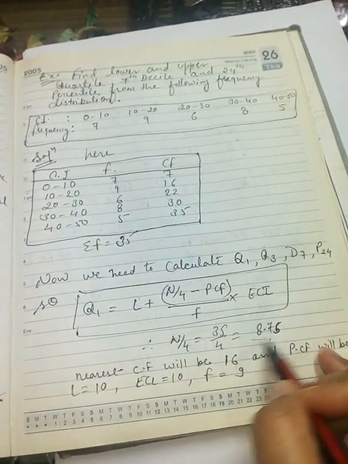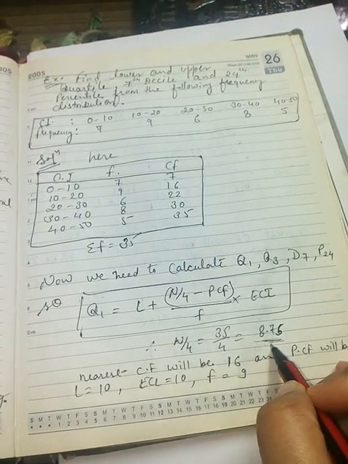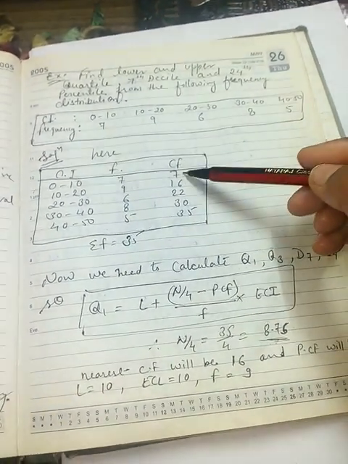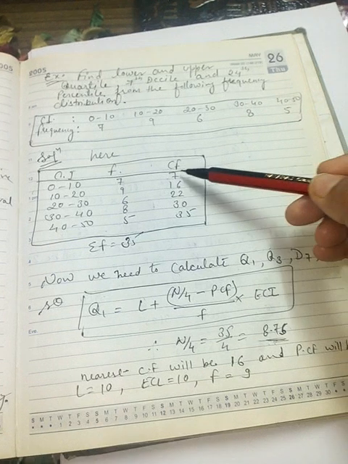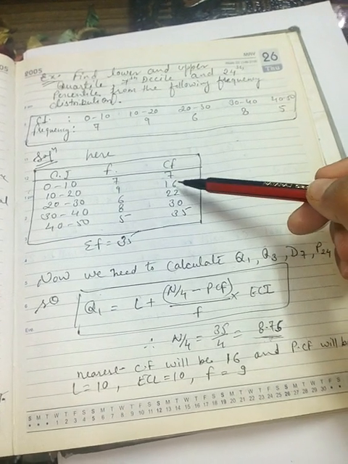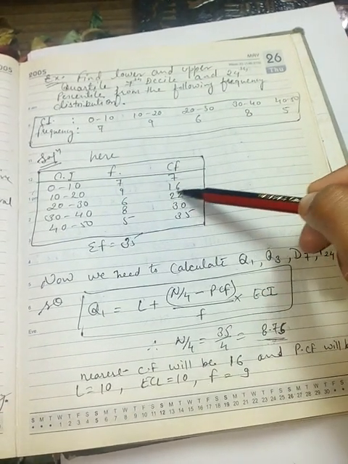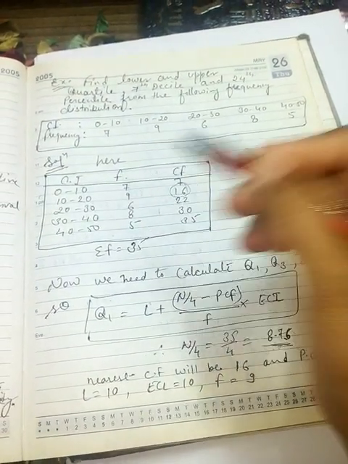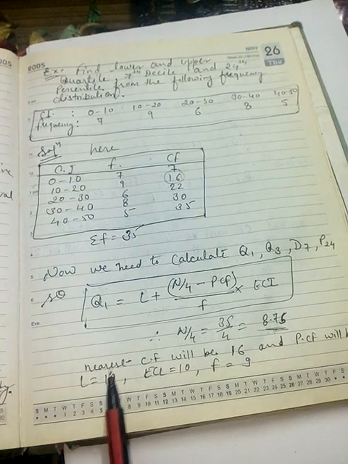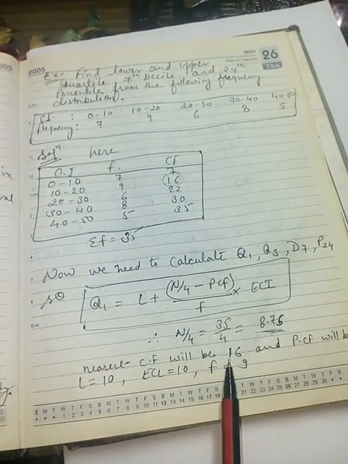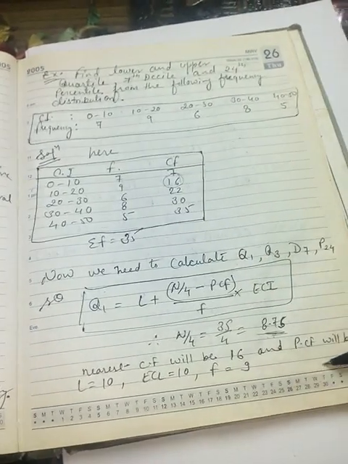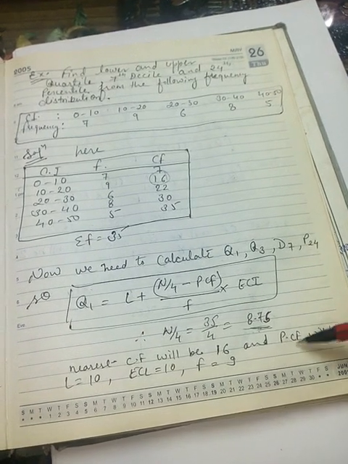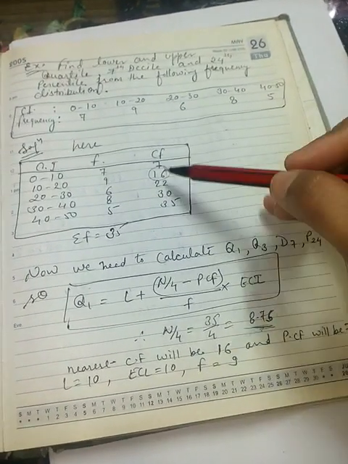Now I will check where this value n by 4 lies in the cumulative frequency. So in the cumulative frequency, 8.75 lies in this 16 here. So the nearest cumulative frequency will be 16, and the previous or preceding cumulative frequency will be 7.